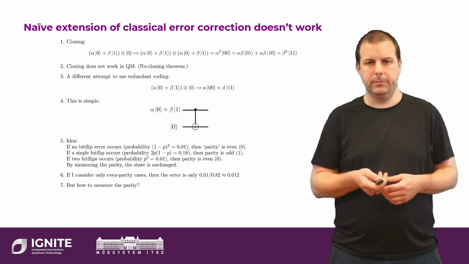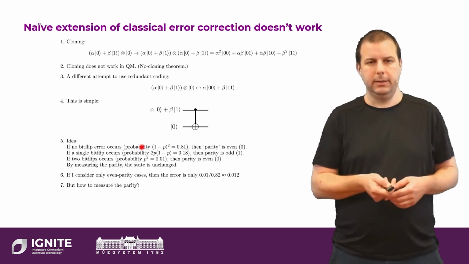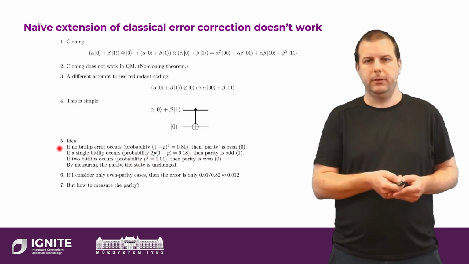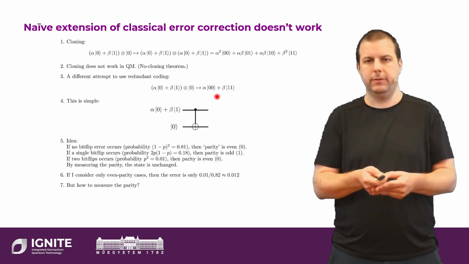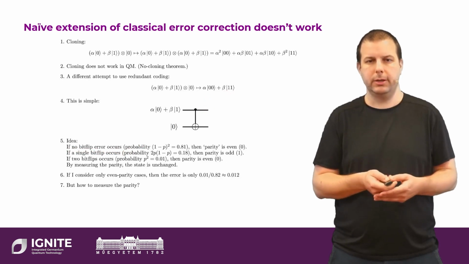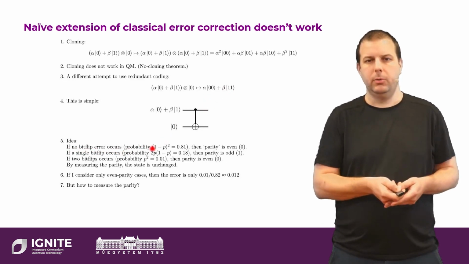in the quantum scenario. And this error detection leads to a way to have a better transmission through the channel. I did a simple numerical example here. If no bit flip error occurs, so the input state alpha |00> + beta |11> just goes through the channel, it has a probability of (1-p)^2. For the example, I take 10% errors, so p is now 0.1.